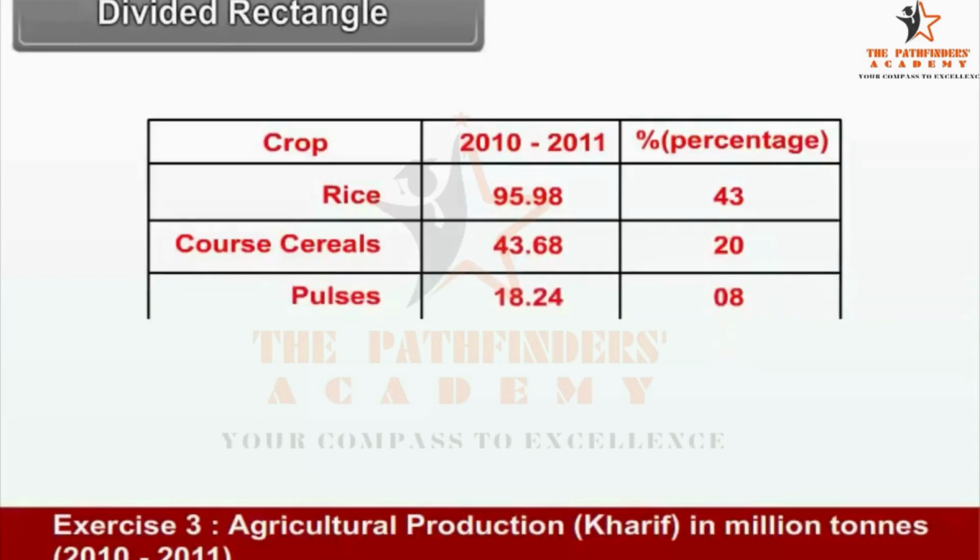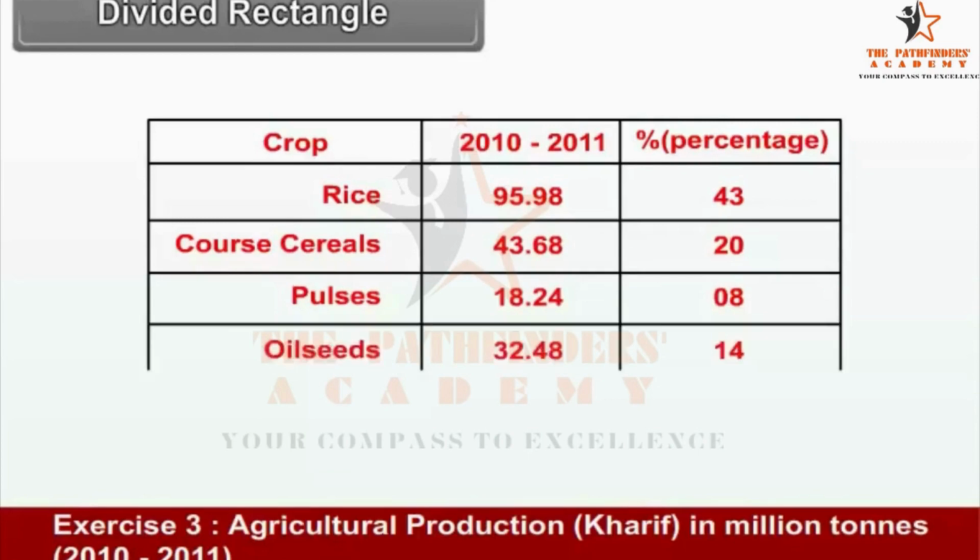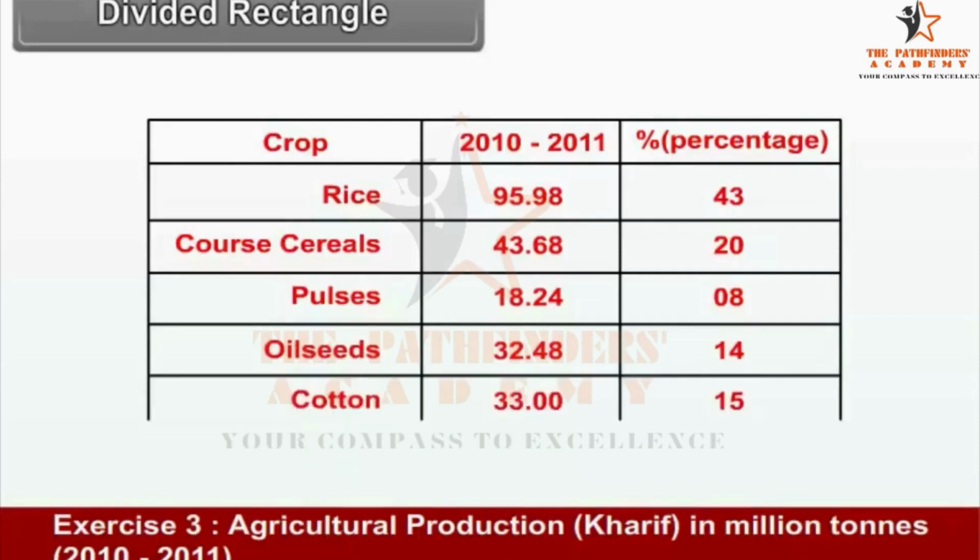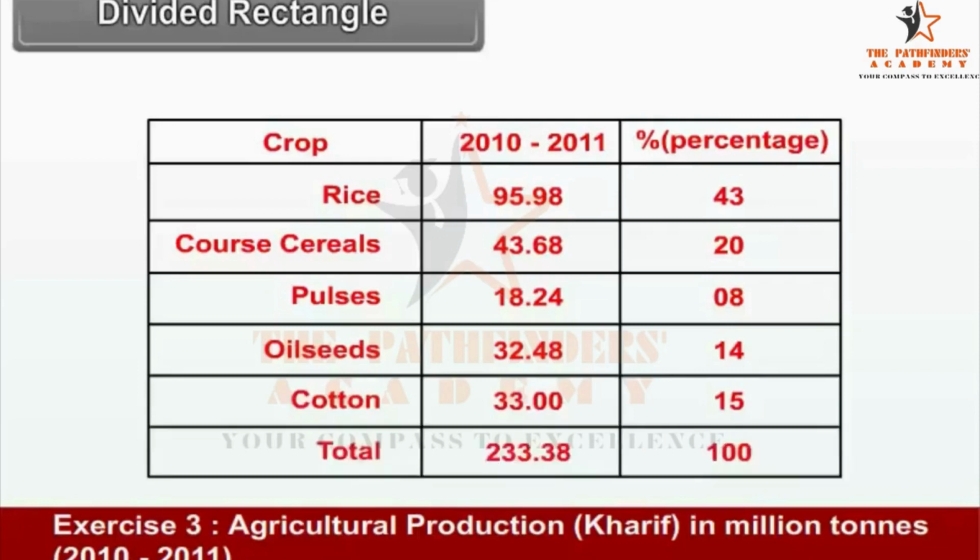Pulses, 18.24, 0.8%. Oil seeds, 32.48, 14%. Cotton, 33, 15%. Total, 223.38, that is 100%.